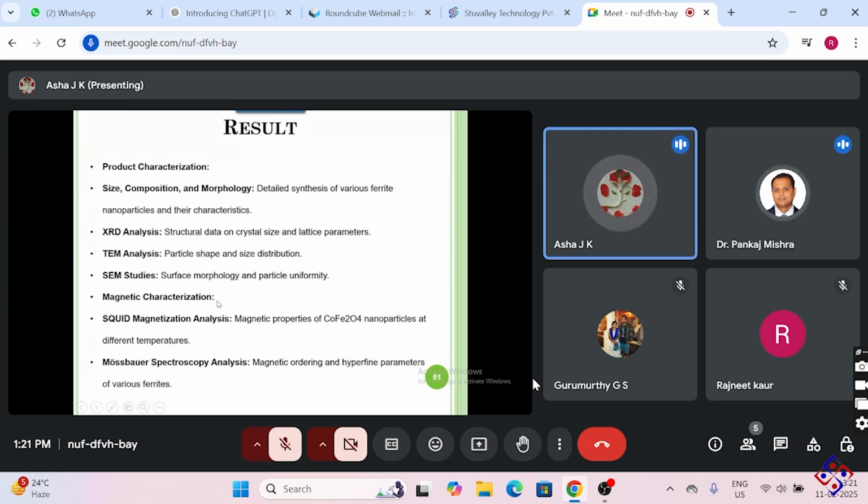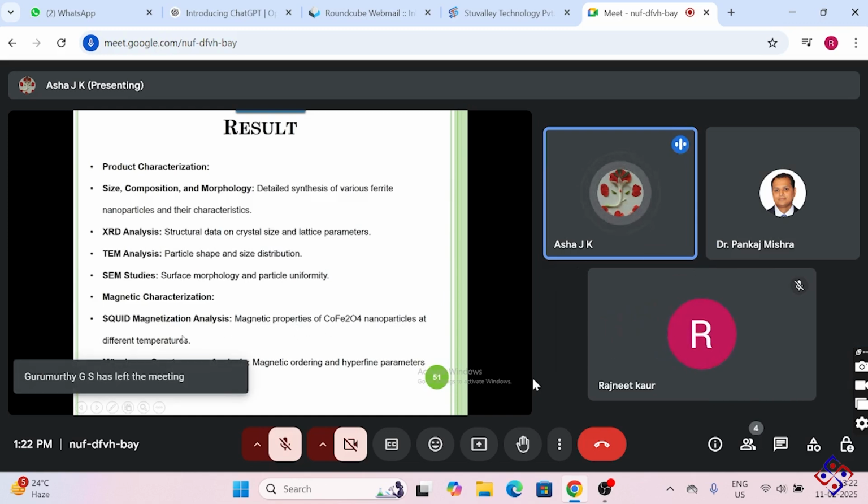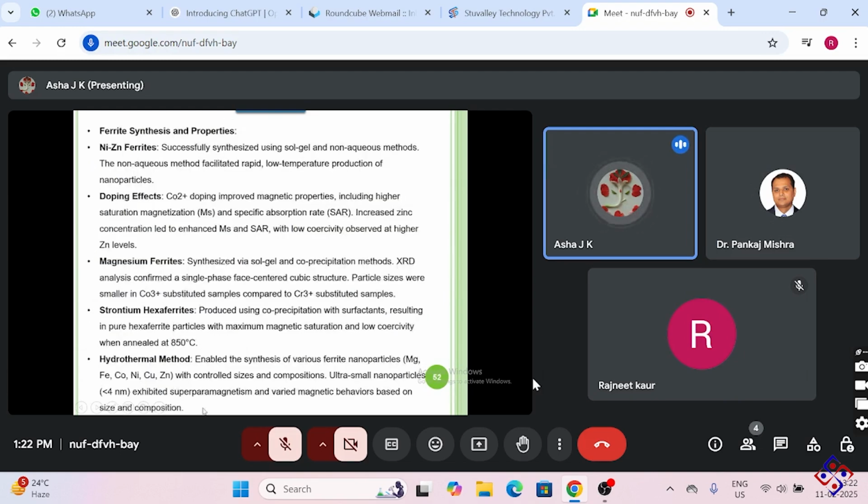And next thing is magnetic characterization. Here, SQUID magnetization analysis, magnetic properties of CoFe2O4 nanoparticles at different temperatures, and magnetic ordering and hyperfine parameters of various ferrites. So here, ferrite synthesis and properties.